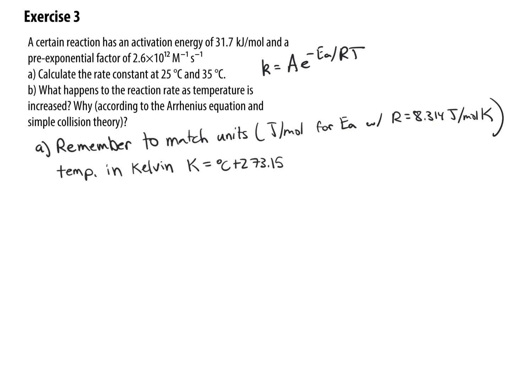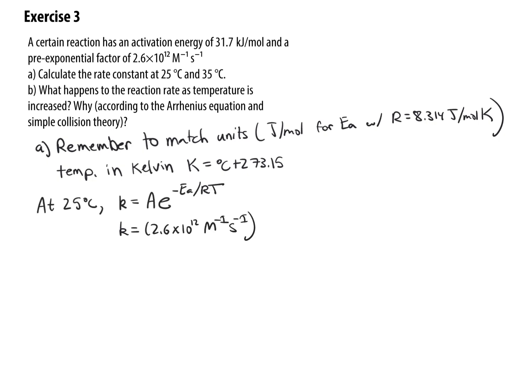So same idea here. Convert from kilojoules back to normal joules. Another key point here is that whenever we have R, we have to use temperatures in Kelvin. So R is joules per mole Kelvin, so we need to use our temperatures in Kelvin when we plug in.